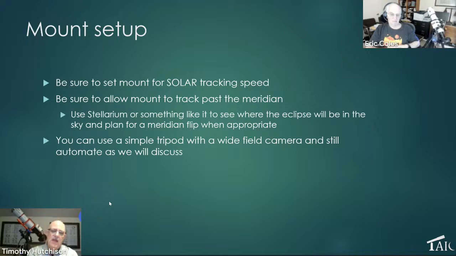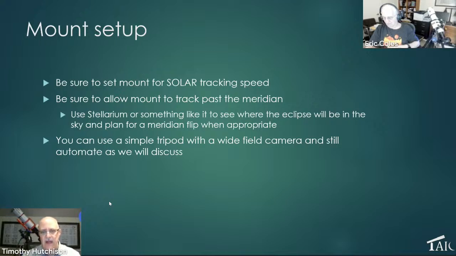Also, if you didn't want to track and you didn't want to take on that complexity, another approach you could take is to just set up a still tripod with a wide field camera lens on there, something that will take in the entire path of the Eclipse. Just let it sit. Don't worry about tracking.